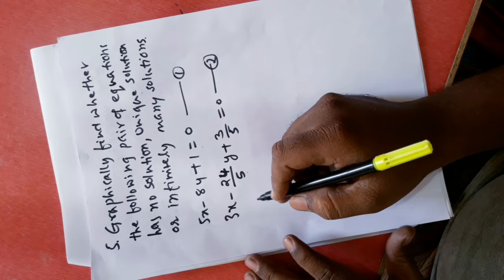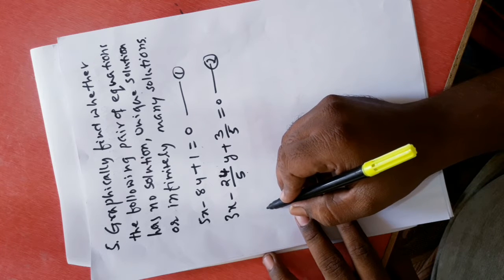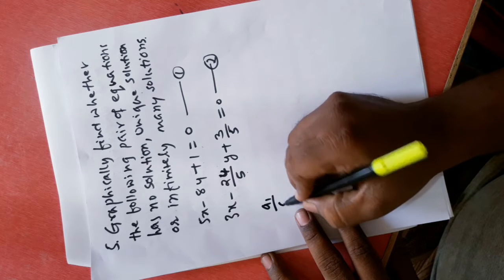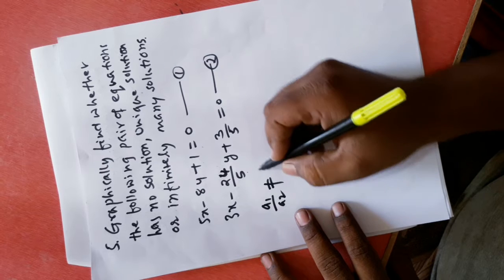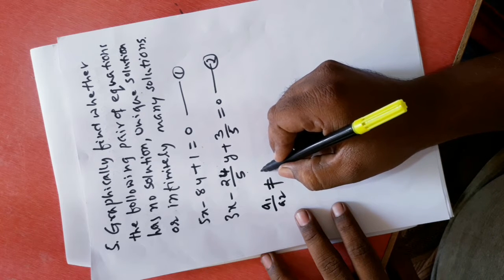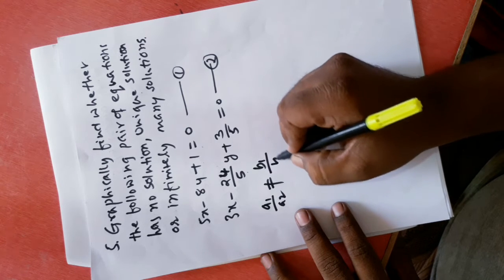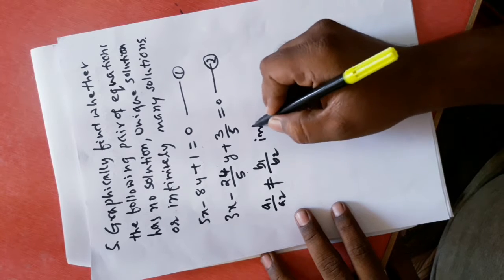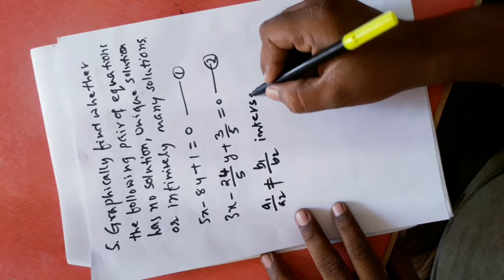If the ratio A1 by A2 is not equal to B1 by B2, the lines will be intersecting.